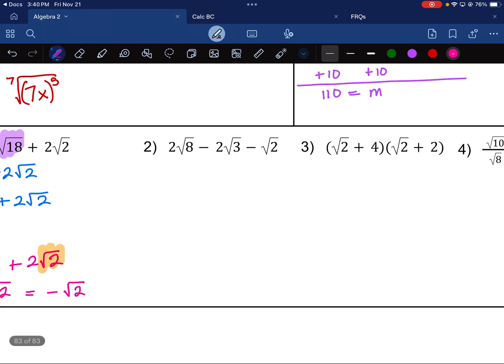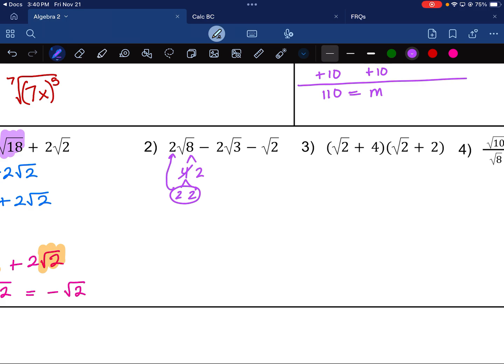A little bit more subtraction for us on this one. So right now, looking at these 3 terms, I don't see any common roots to start, any like terms. So I'm going to start simplifying. When I'm looking at 8, I see 8 is 4 and 2, and then 4 is 2 and 2. So here's a group of 2's.